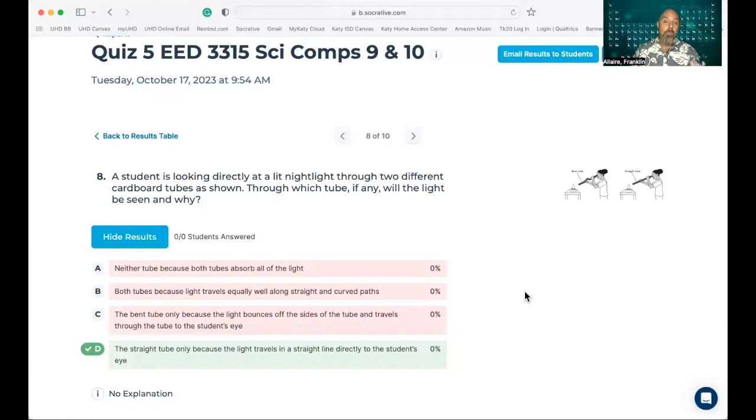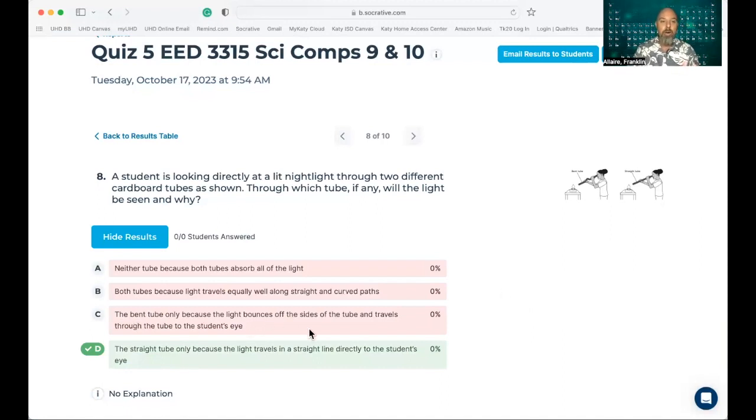The only time it will bend is if, as we talked about with refraction or even diffraction, which we're not getting into in this video breakdown, the light is hitting an object and being bent. And so while, yes, there is the possibility that some light is getting through the bent tube, okay?